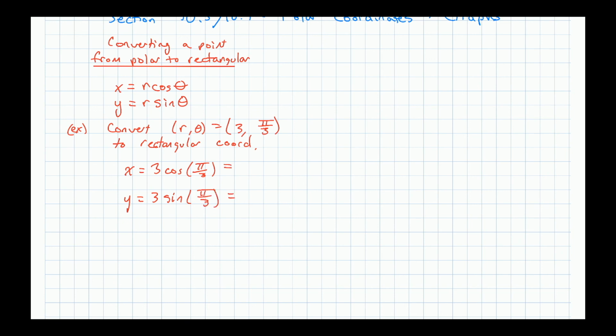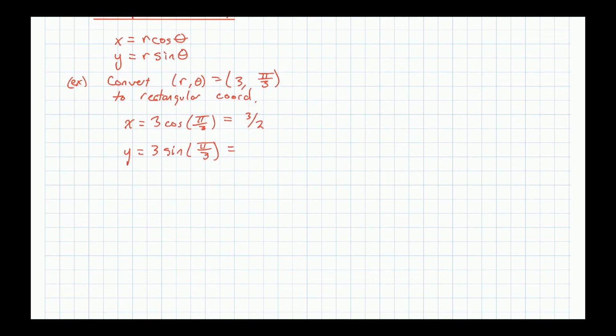The cosine of pi over 3 is 1/2, so 3 times 1/2 gives you 3 halves for the x value. The sine of pi over 3 is square root 3 over 2, so you end up with 3 root 3 over 2. So in xy, you have 3 halves, 3 root 3 over 2. We did that last time, so we're not going to go over it in this lecture.